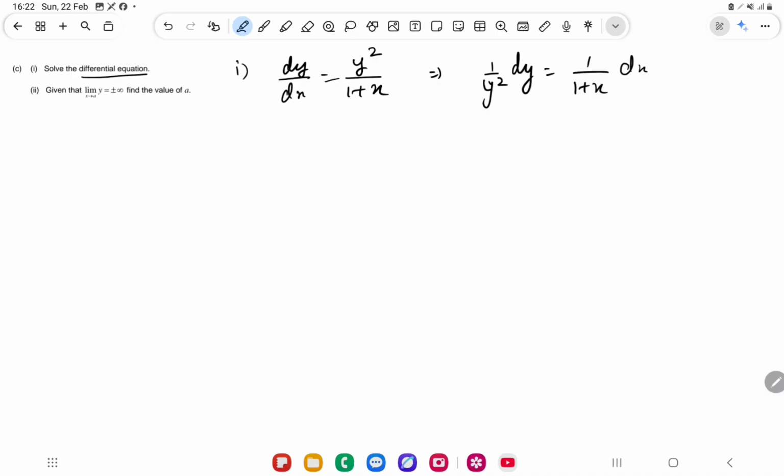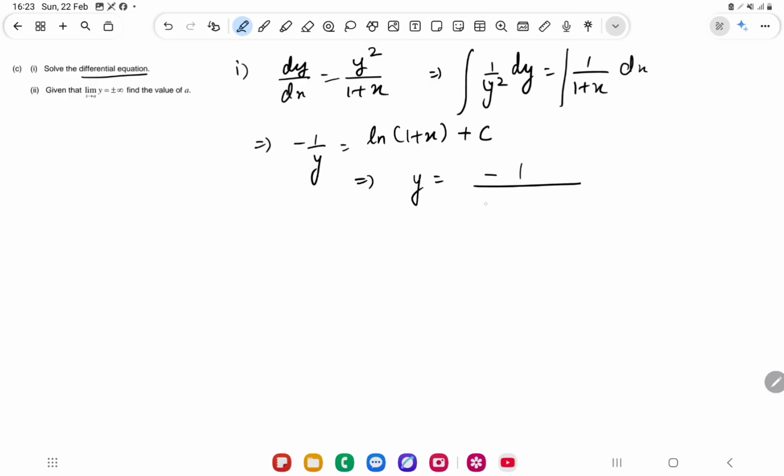Once I have separated the like terms, I can integrate both sides. So the left side integration will be minus 1 upon y and the right side will be ln of 1 plus x plus c. This is how we will solve.